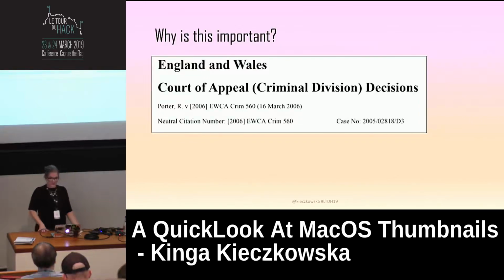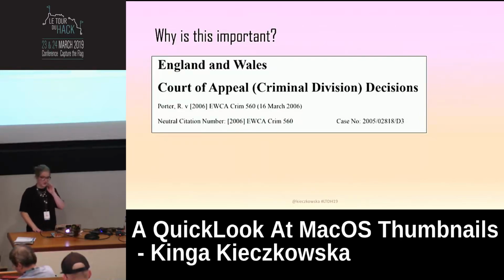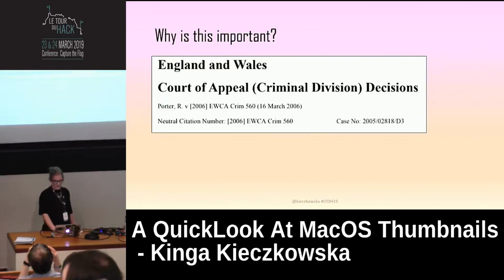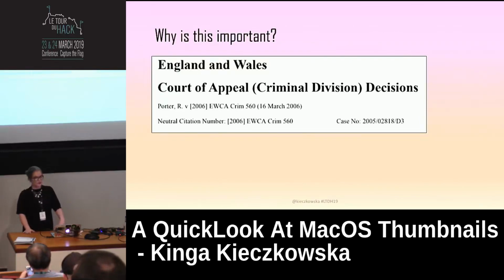So basically, in both cases that I'm going to talk about, these are men who got charged already with possession of indecent images. And in this case, the guy had over 3,000 thumbnails recovered from his computer showing some indecent content, and he then appealed.